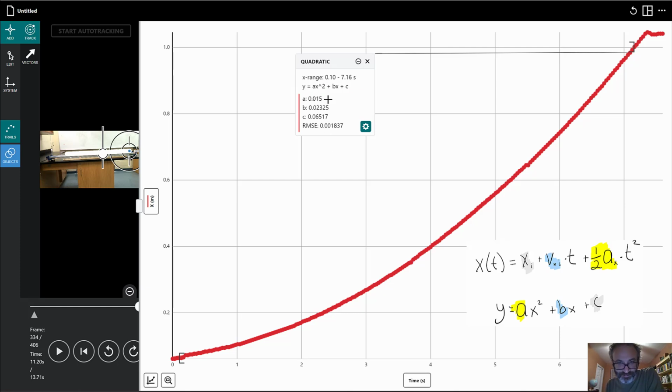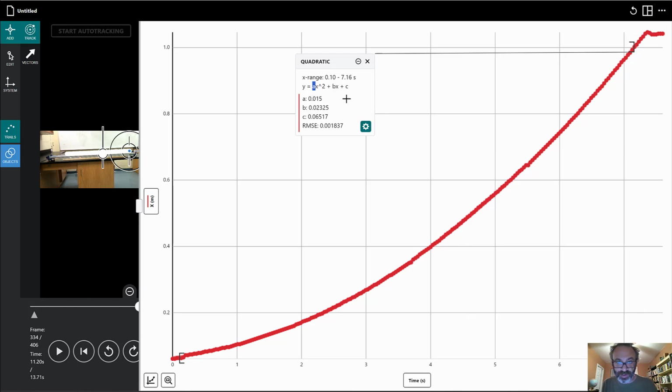You have to translate and remember that in the quadratic formula, x squared, our time is the x-axis, so time is really x here, and our y-axis has our position, or x, so that can be confusing. But what that really means is that the term that has the time squared is really this one, and a here corresponds to 1/2 of our acceleration, and that is best discussed in detail elsewhere.